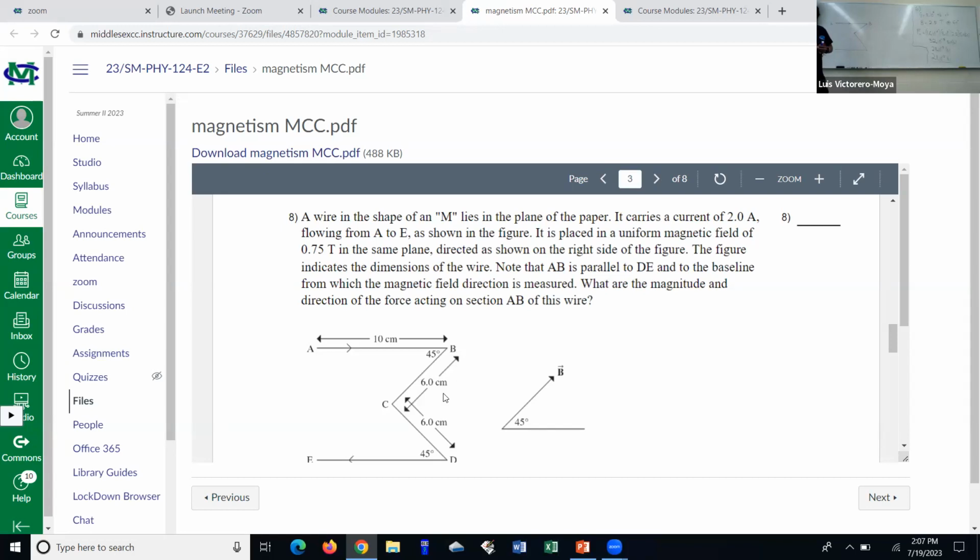All right, so we have AB, 10 centimeters, current of 2 amperes. But the magnetic field is going at an angle of 45, right?